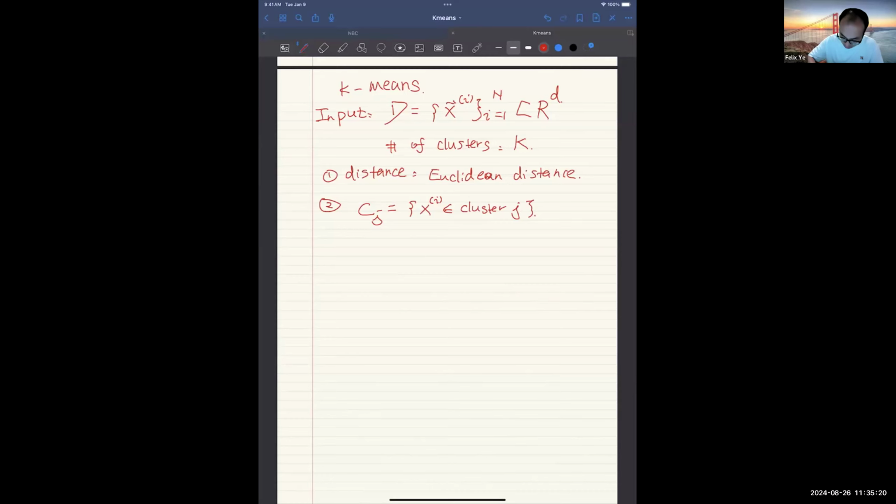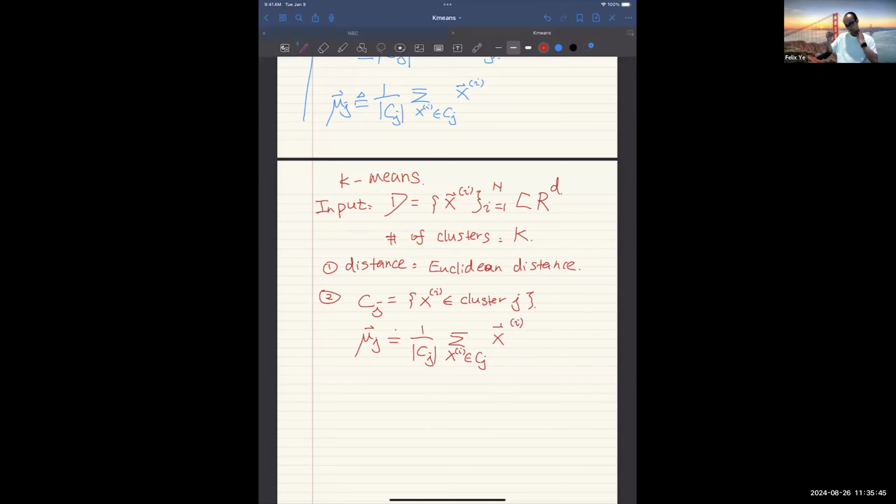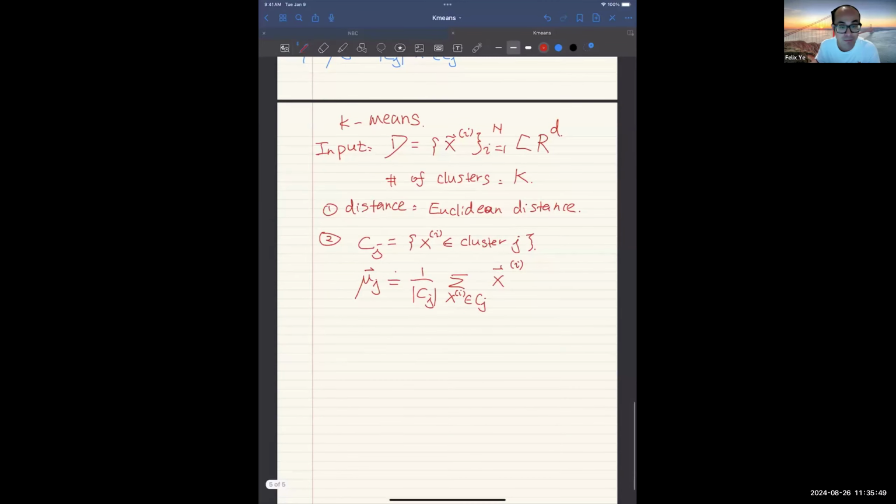And also we define the mu of j, which is 1 over the number of points in C_j times the summation, and basically it's the average position of those member points.